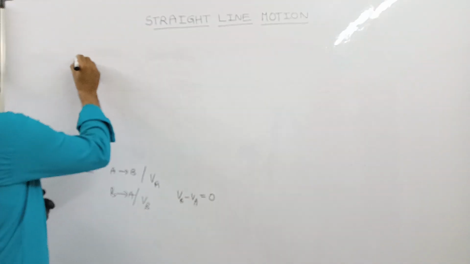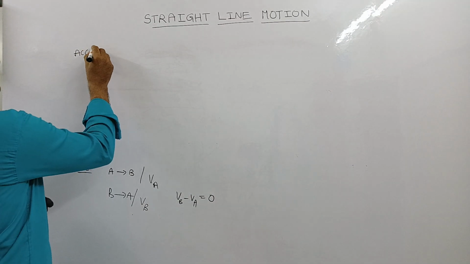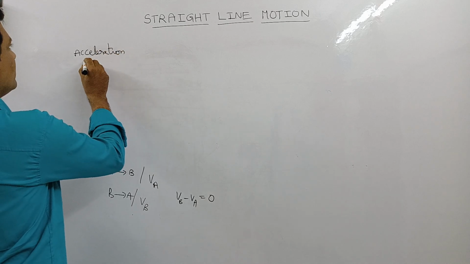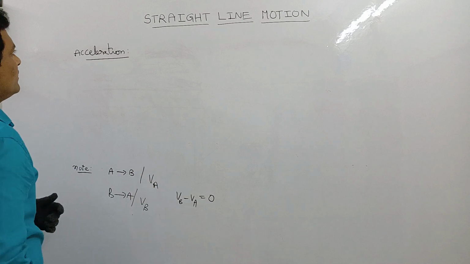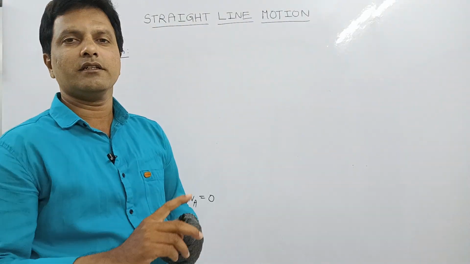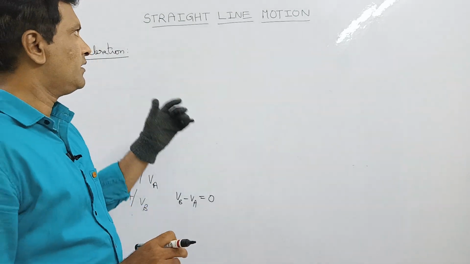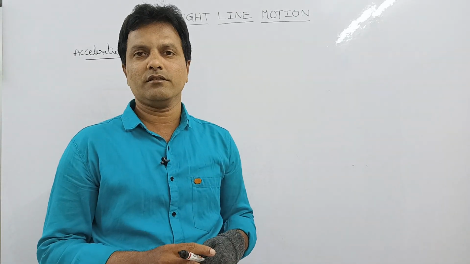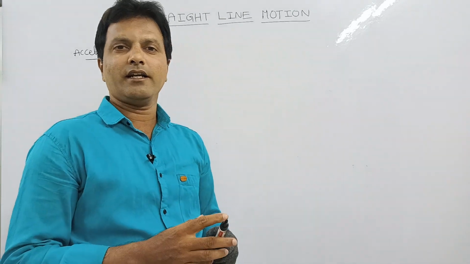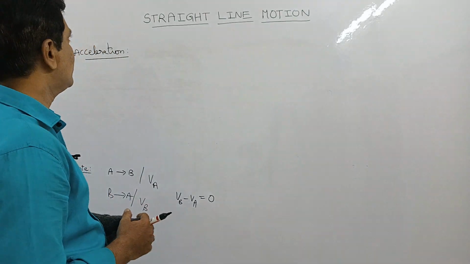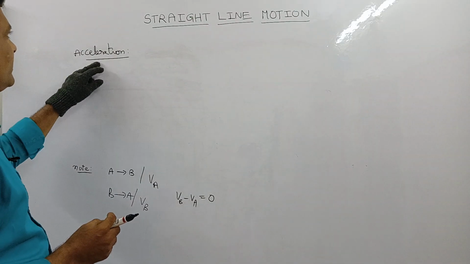Acceleration is a good concept. We will use the acceleration term, its definition and concept in so many topics of physics, and in particle accelerators in higher science. So you should understand the acceleration term very carefully.